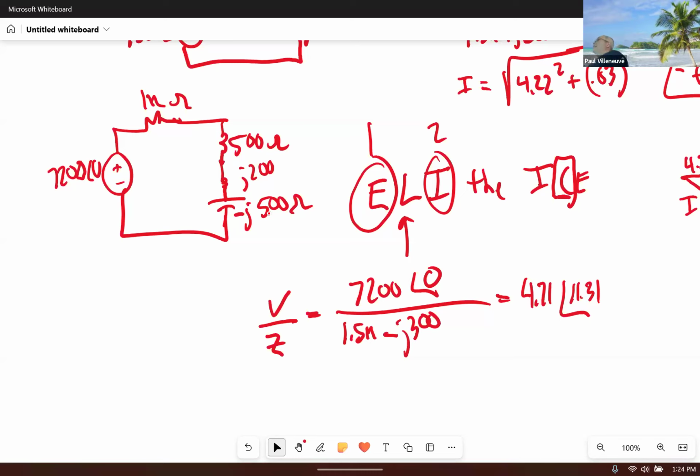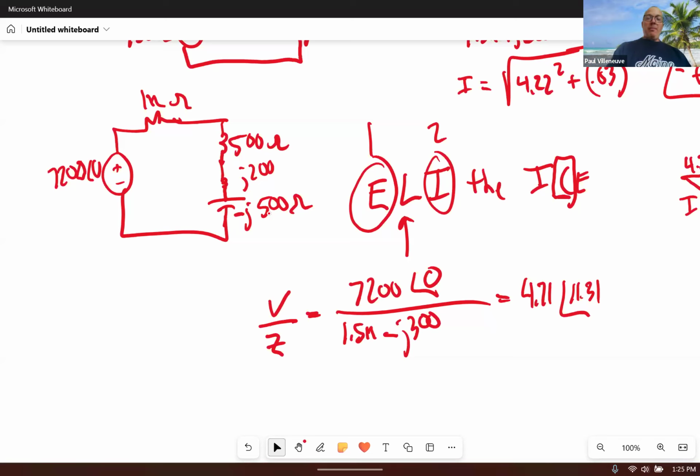In the second case, I put in a really big capacitor, greater than the 200 that I had for the inductor. I'm actually canceling out the inductor by putting in a much larger capacitor. In fact, it's 300 ohms in magnitude, larger than the inductor. So that circuit becomes more capacitive.